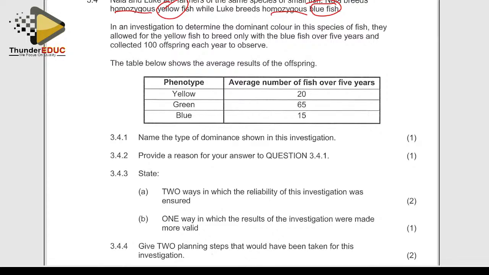They allowed yellow fish to breed only with the blue fish over 5 years. Oh, this is a key point.